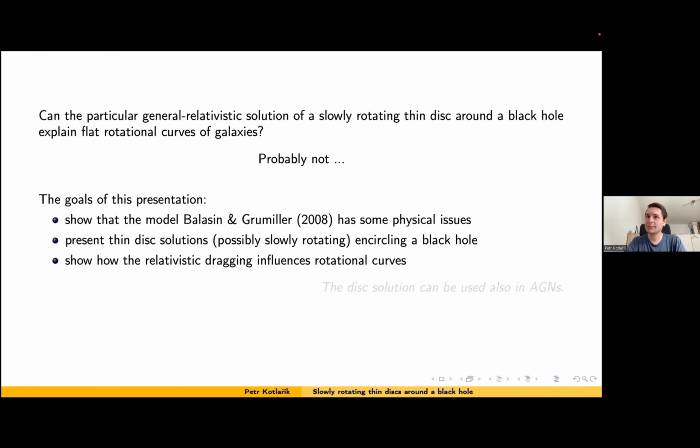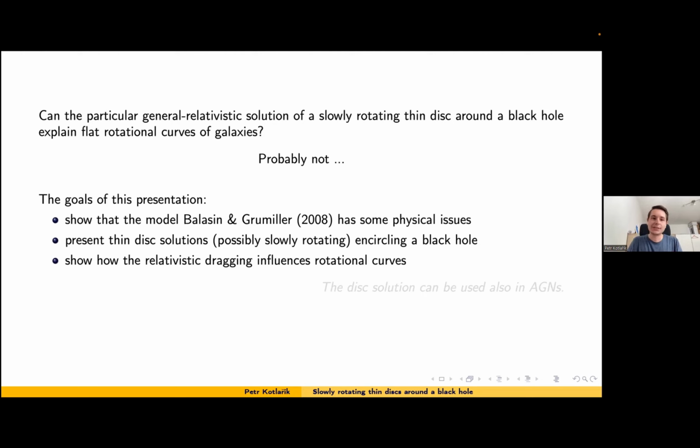My goals of this presentation are, first, to explain why we should look for a different general relativistic model for a galaxy than the Balazs and Grumiller one, because, as I will show, it has quite severe non-physical issues, which should be taken into account.